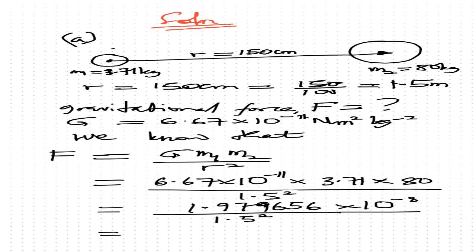And when you divide this by our 1.5 squared, we are going to get 8.798 times 10 exponent negative 9 newtons.